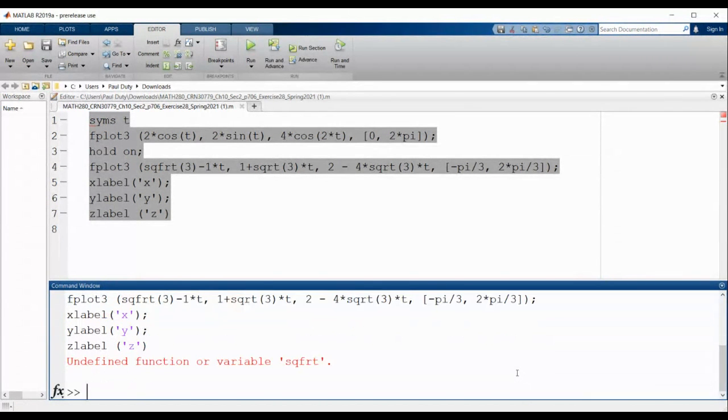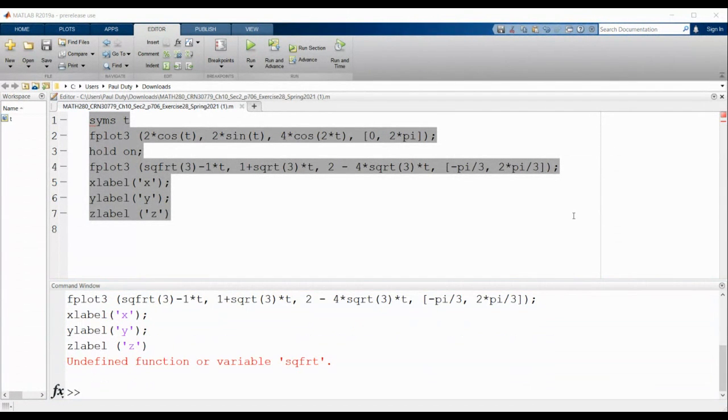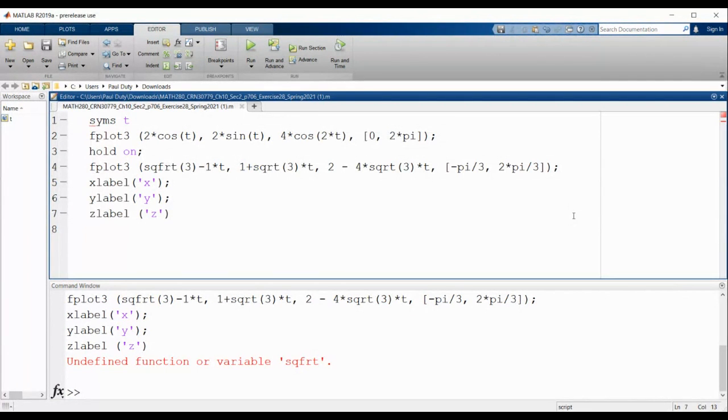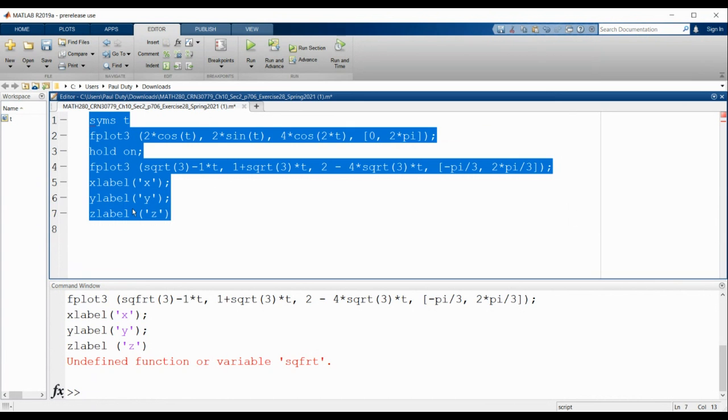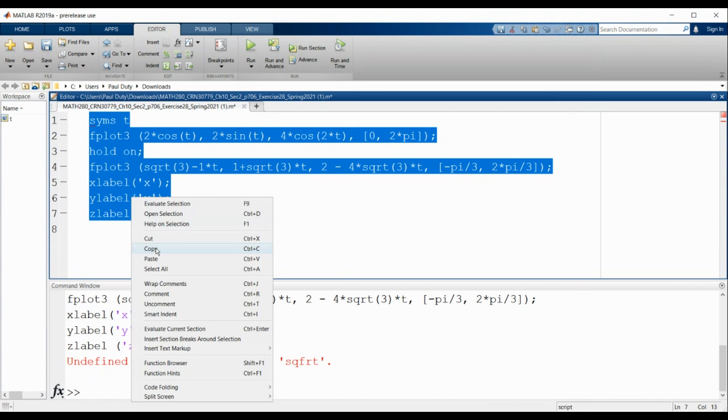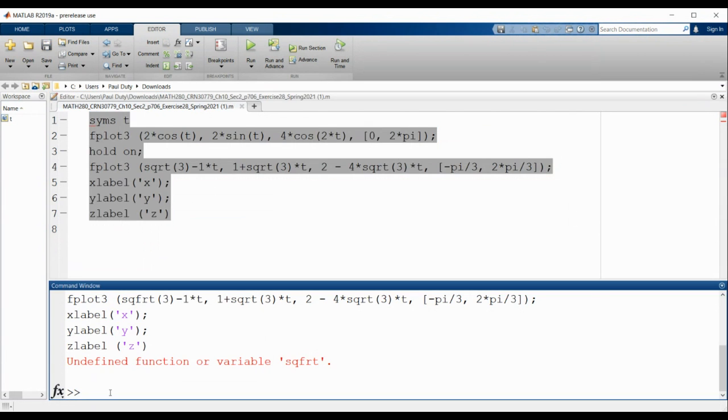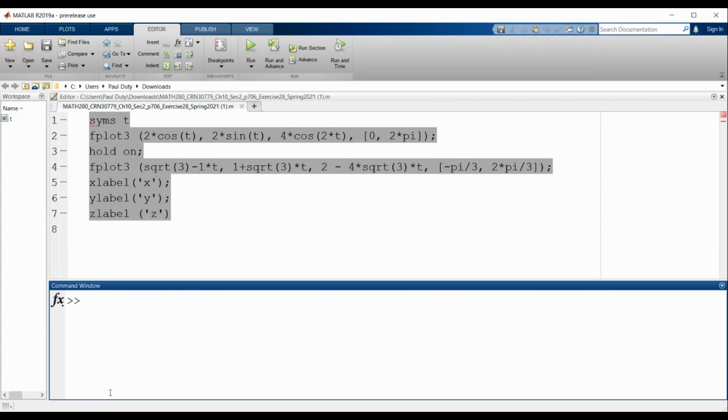Okay, now it got me here somewhere. Hold on. Let me fix that. All right, let me try it again. The original code had a square root of 3 on it.